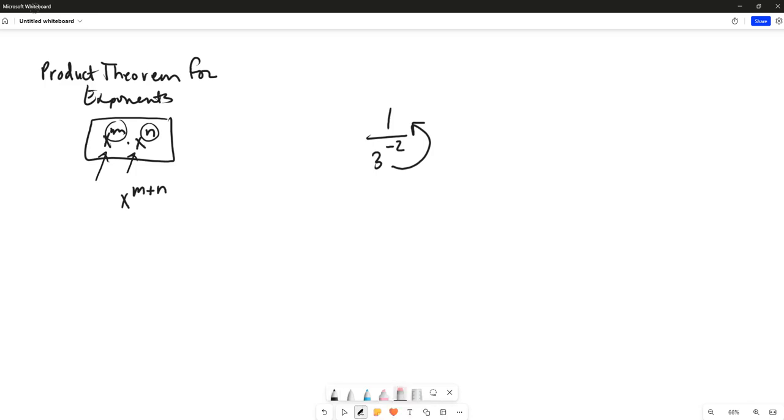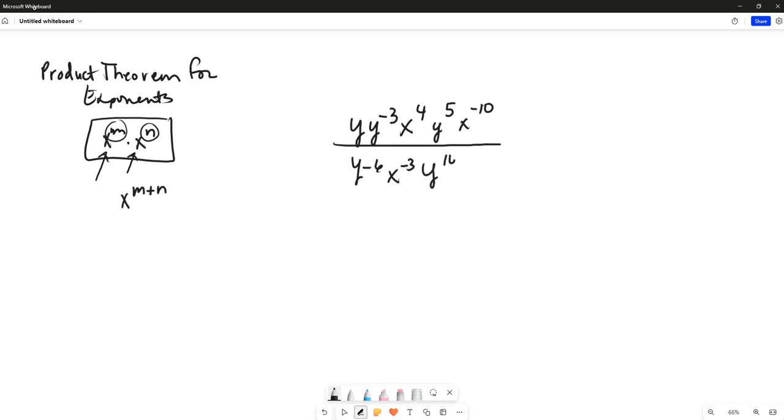So we're going to apply that to variables, okay? So we have y, negative 3, x to the fourth, y to the fifth, x to the negative 10th, y to the negative 6, x to the negative third, y to the 10th, and x squared.